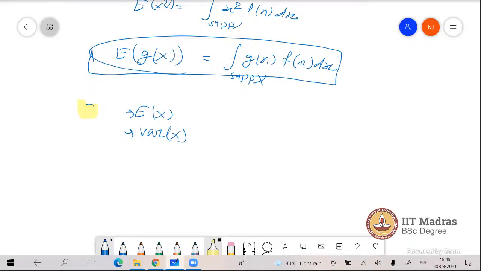Okay, what is Markov inequality and Chebyshev inequality? Chebyshev says P of x greater than or equal to c is less than or equal to sigma square by c square.